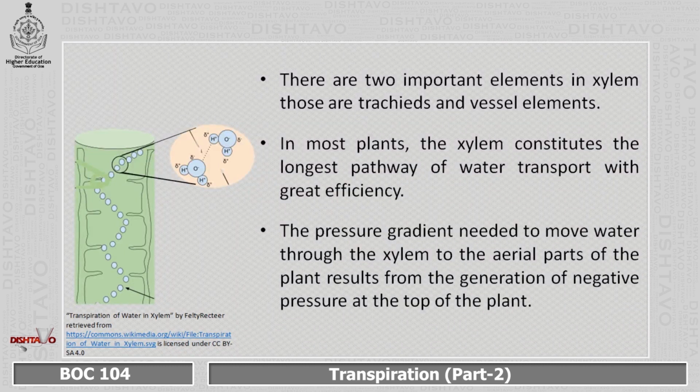The xylem tissue consists of two important elements, that is tracheids and vessel elements. In most of the plants, the xylem constitutes the longest way of water transport with great efficiency. The pressure gradient needed to move water through the xylem to the aerial parts of the plant results from the generation of negative pressure at the top of the plant.